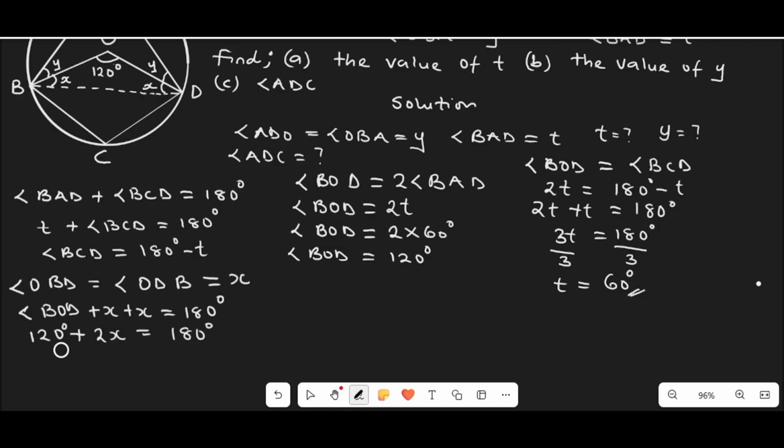Let us transpose 120 degrees to the right hand side, and we are going to have 2x equals 180 degrees minus 120 degrees, and 2x equals 60 degrees. Divide both sides by 2 to determine the value of x.